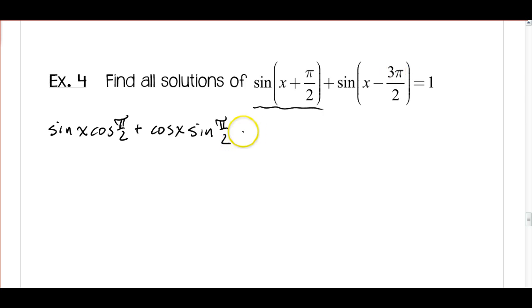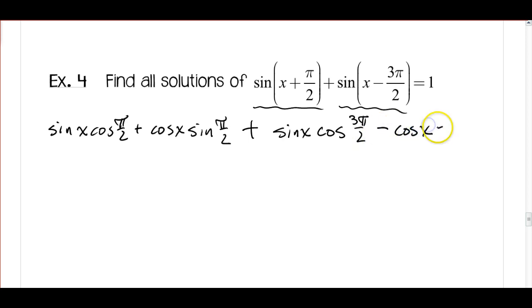So that takes care of that. Plus, now let's use our difference formula for this. I've got sine x cosine 3 pi over 2 minus cosine x sine 3 pi over 2.